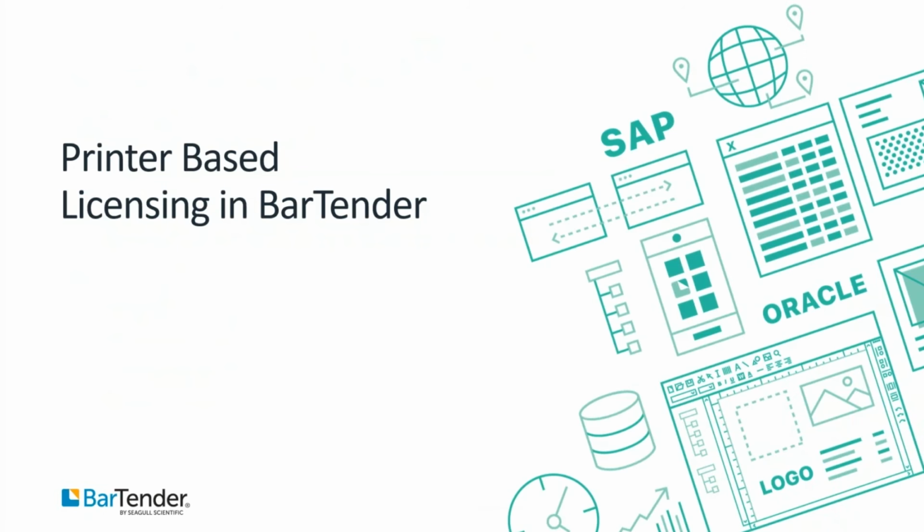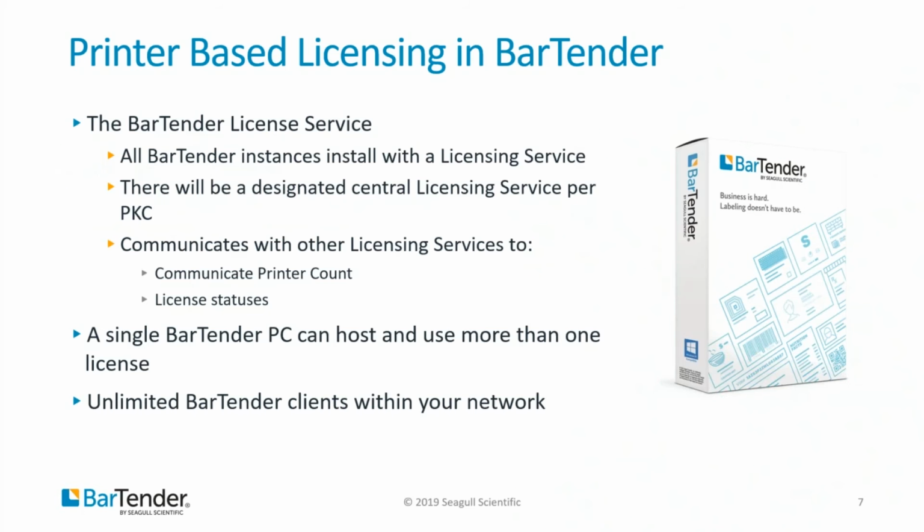What does that mean exactly? So printer-based licensing in BarTender, how is that handled in the background? What are the details that you need to know in regards to that? Whenever you install BarTender, what's also going to be installed is the BarTender licensing service.